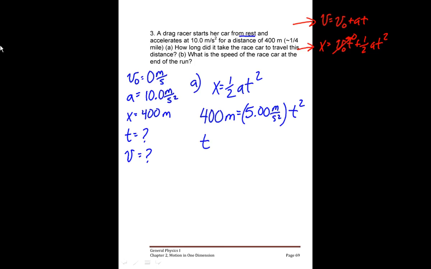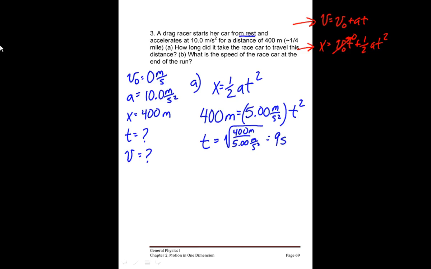And I solve this for t. That's the square root of 400 over 5. I can look at my units here. I have meters over meters per second squared, so that's going to give me units of seconds. And I get 9 seconds.